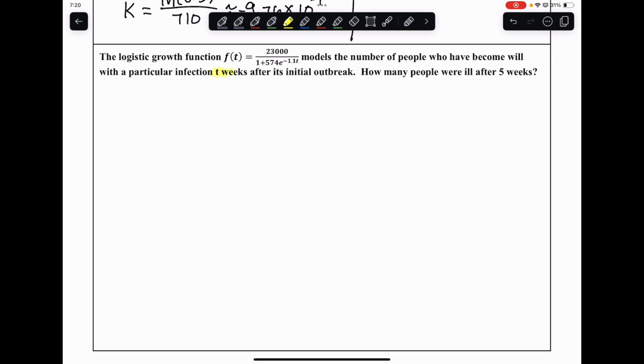We want to know how many people are going to be ill after 5 weeks. That means we're evaluating this function with T equal to 5. So we have 23,000 in our numerator, 1 plus 574 e to the negative 1.1 times 5.